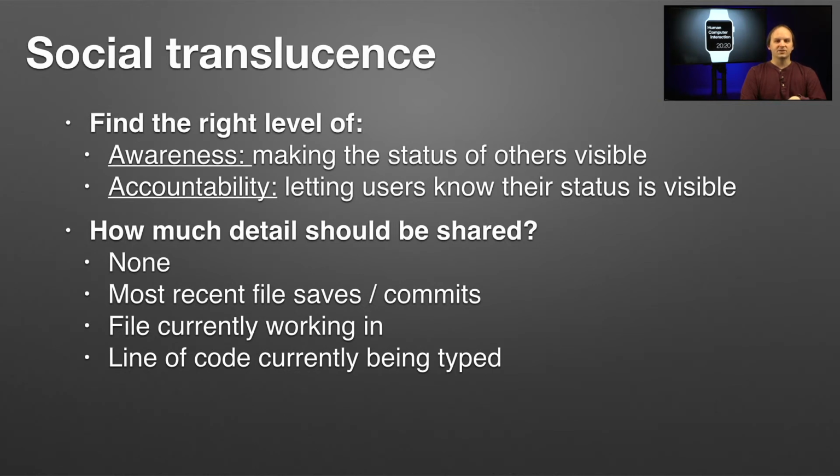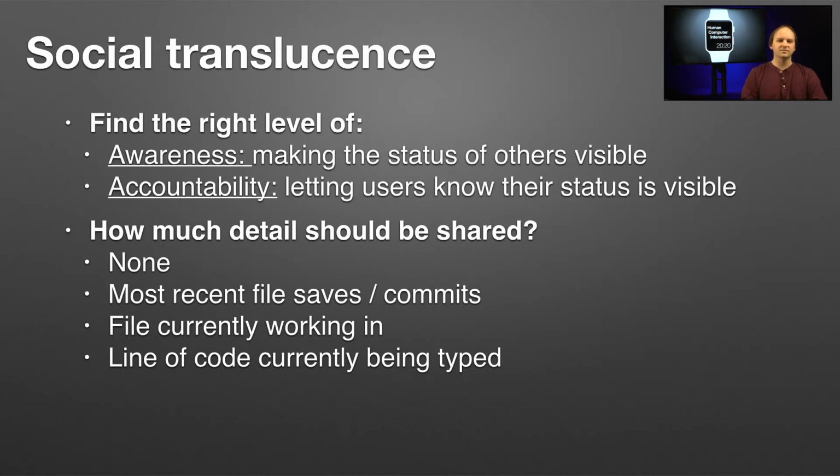You can go from sharing nothing to saying, this person on your team updated this file 10 minutes ago. Or you might say they're currently online and working on this part of the program. But you can also push it to the extreme, where you're saying they are on this line of code and they are typing exactly this right now, and you can watch them in real time, like a collaborative editor.